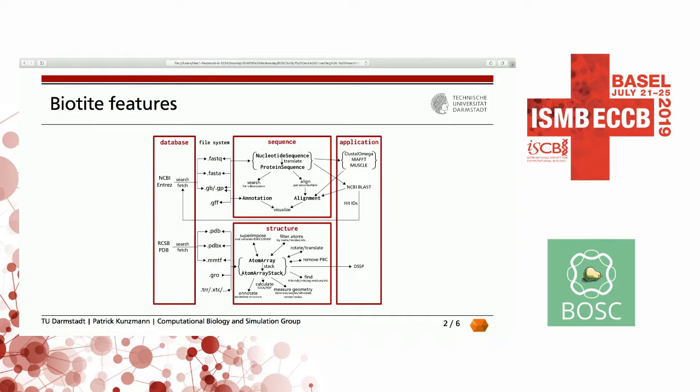Based on the internal objects, you can apply some analysis or editing tools. And for methods that are not directly implemented in the Biotite package, there is the application subpackage for seamless access to external software like NCBI BLAST or Clustal Omega.